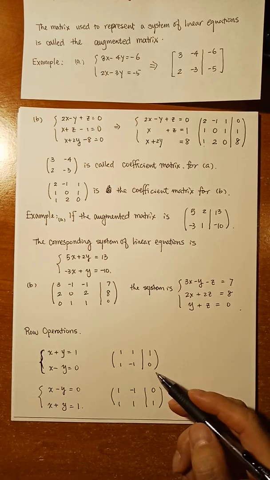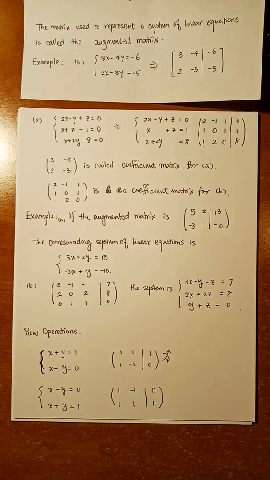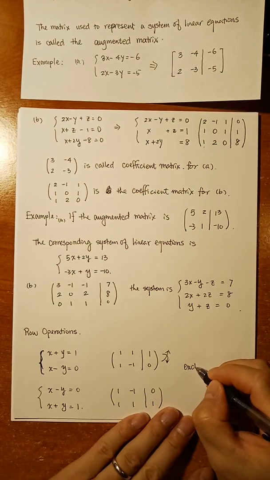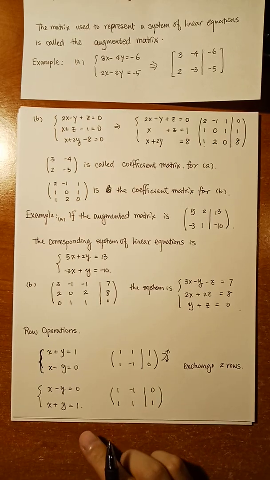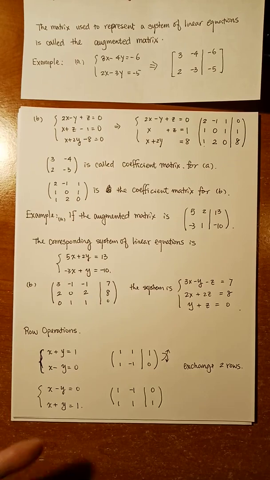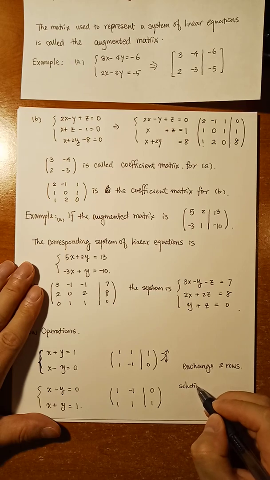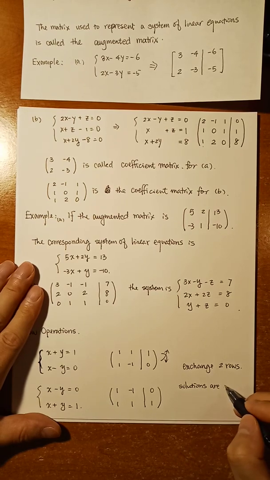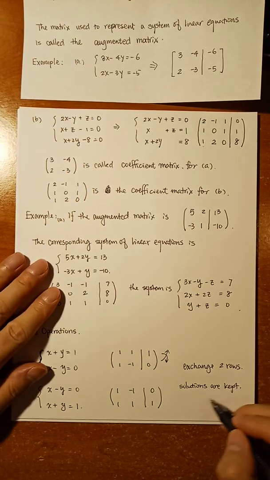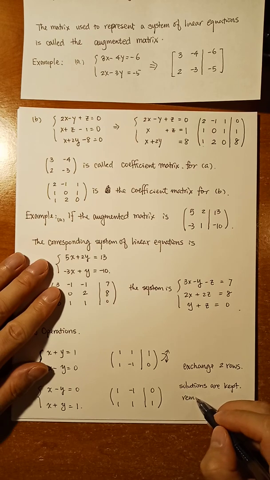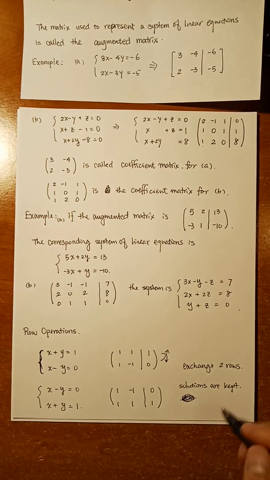So based on this augmented matrix, we just exchange two rows. Based on common sense, we only exchange the position. We do not change the solutions. So the solutions remain the same.